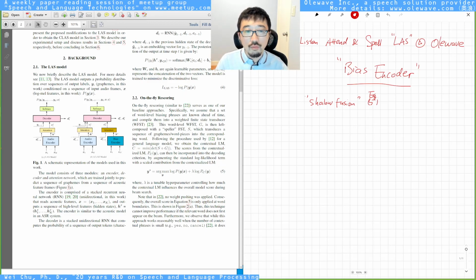But obviously, you can see in figure 1 that the LAS or the CLAS model would first take the whole utterance into the encoder. So the system is not an on-the-fly system or a streaming system, and I don't think there's much point in emphasizing that the rescoring is on the fly.